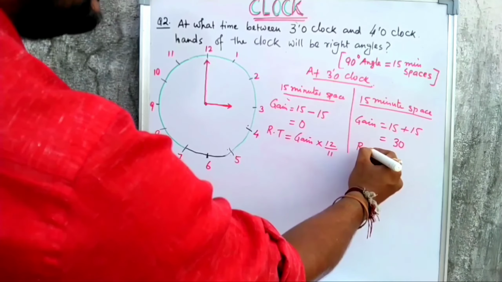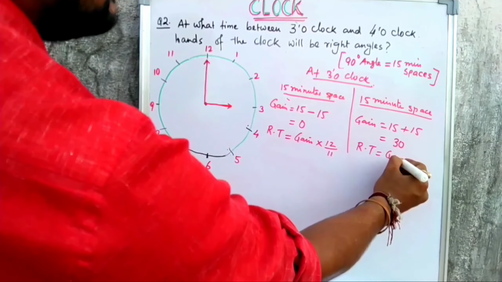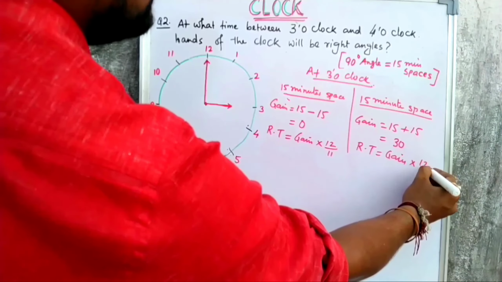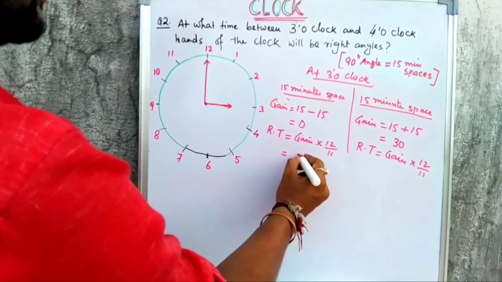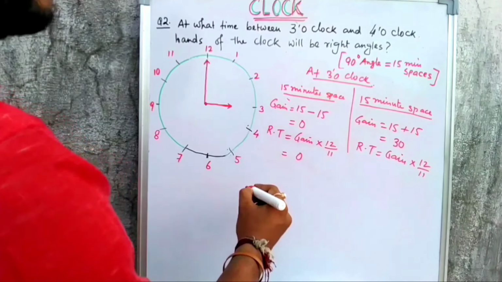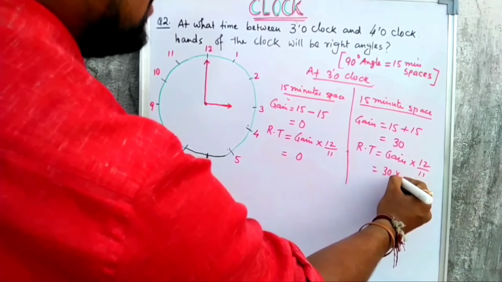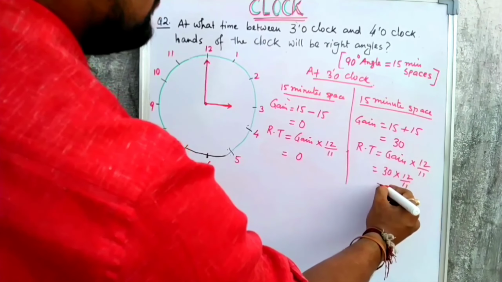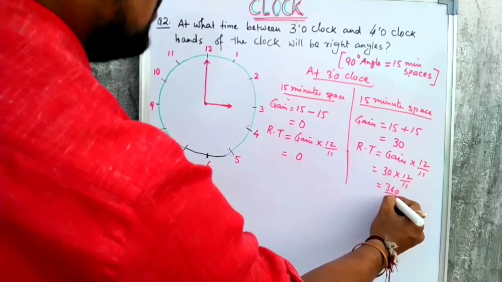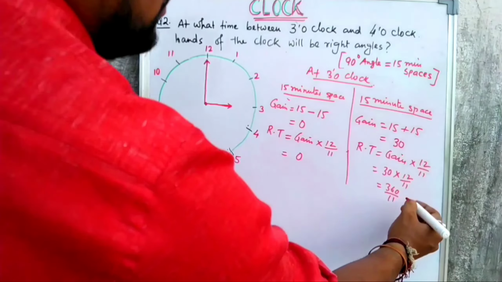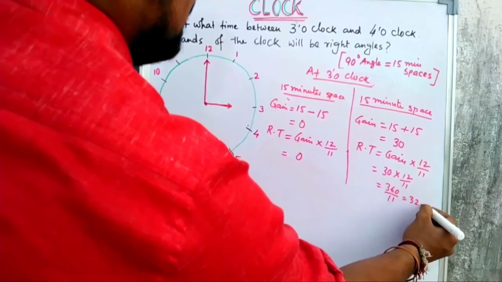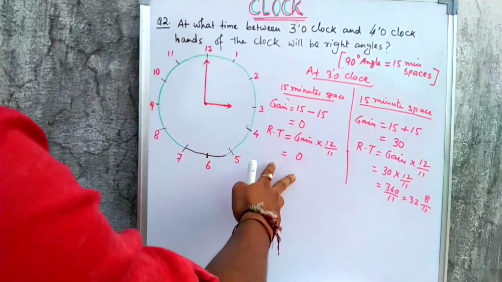Here also required time equals gain multiplied by 12/11. Gain is 0, and 0 multiplied with anything is 0. But here it will be 30 multiplied by 12/11, that is 360/11, 32 8/11. Two required times I have got.